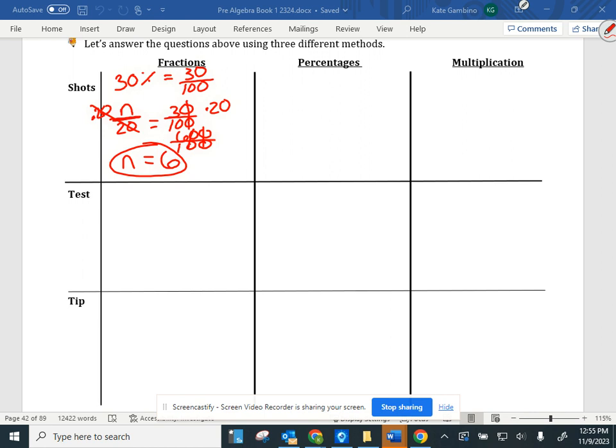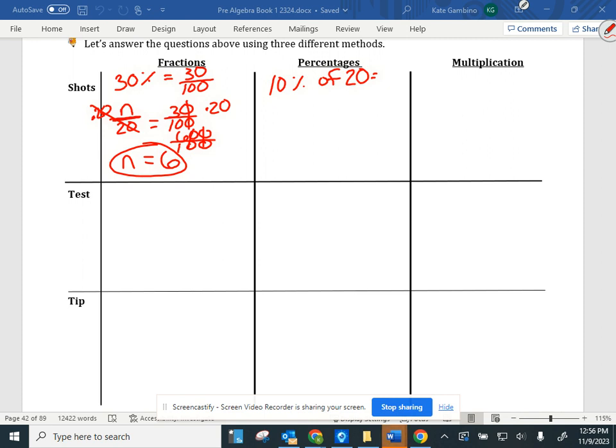All right, now working with percentages. So when we work with percentages, we're going to look at 10% of our 20 total. What is 10% of the 20 total baskets?